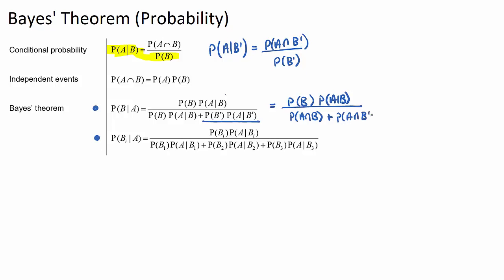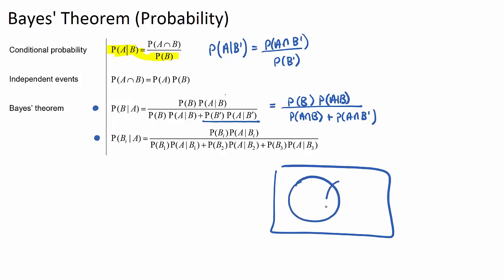Now, if we think about a Venn diagram with events A and B, the probability of A intersection B is this intersection, and the probability of A and not B is this section here.